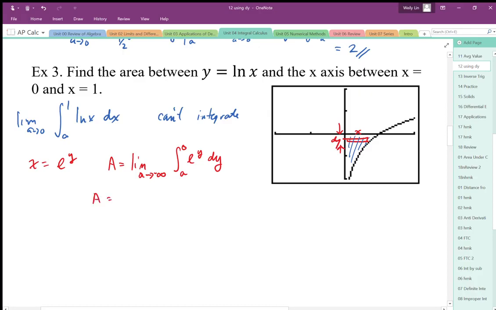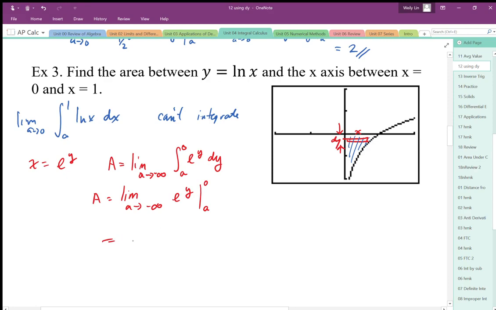Well, this is really easy to integrate. So this is a much easier problem to solve, because now I can integrate. I just get e to the y. I'm just going to keep my limit in there. Limit as a goes to negative infinity of e to the y from a to 0. Well, I can work that out.